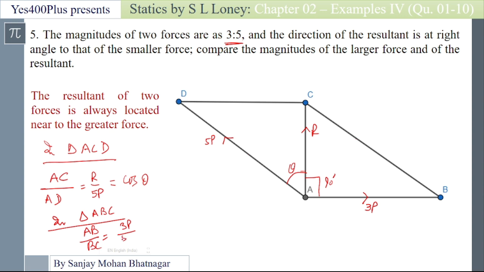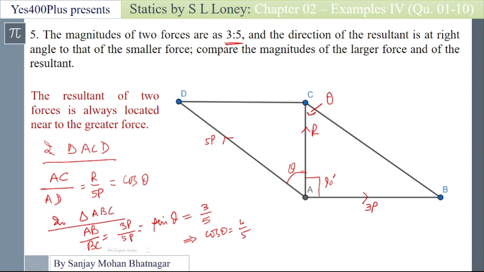This is equal to, now this is theta, so this is theta. Okay, so 3P upon 5P is equal to, this is perpendicular to hypotenuse, so it is equal to sine theta. Correct. So sine theta is equal to 3/5. बहुत सिंपल सी ट्रिग्नोमेट्री है कि if sine theta equal to 3/5 then cos theta is equal to 4/5.